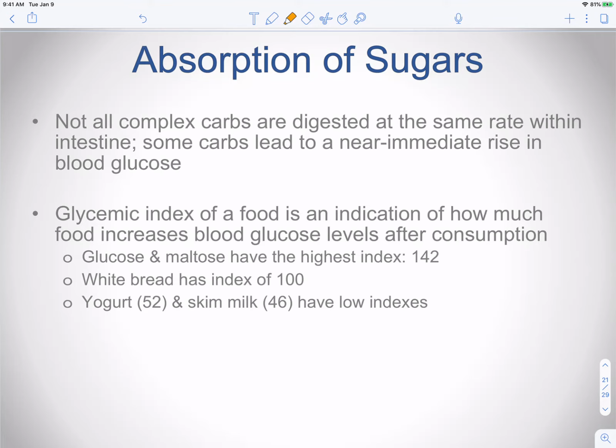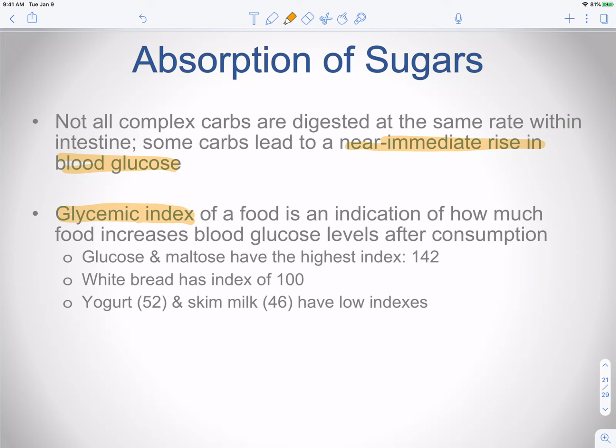All right, so absorption of sugars. We've talked about absorption of sugars. We have those 3 monosaccharides that can be absorbed. Complex carbs are going to be digested, but not all at the same rate within the intestines. So some carbs are going to lead to a near immediate rise in blood glucose. And so the glycemic index helps to identify those foods that will enter the blood very quickly and increase blood glucose.